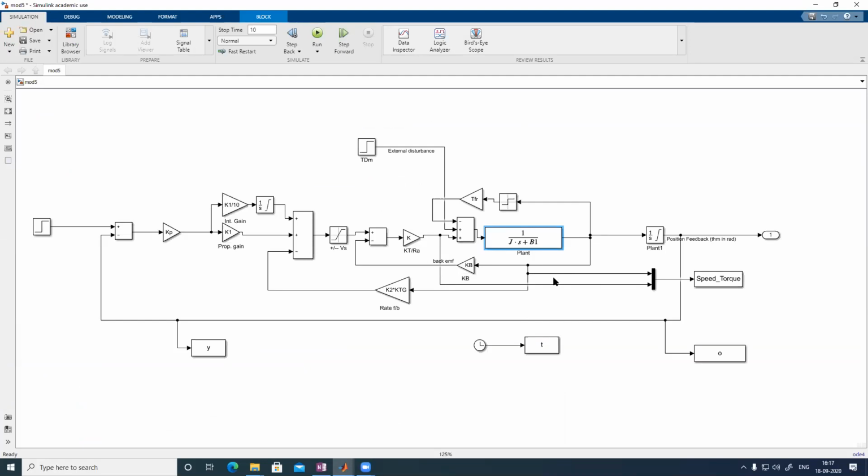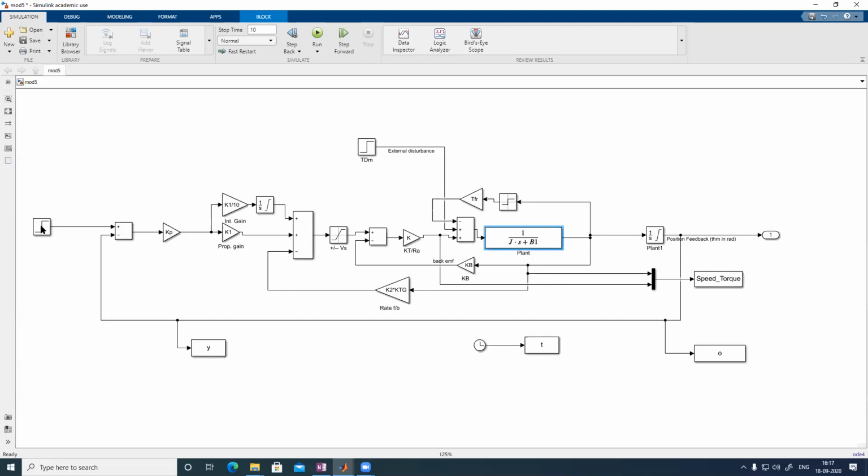So the position feedback limit, is it the same as the input value that we are giving? Yeah, the maximum output deflection is limited. We are already giving the maximum value now.